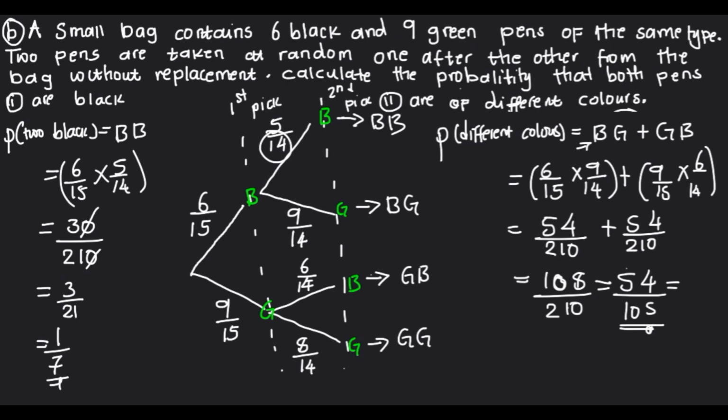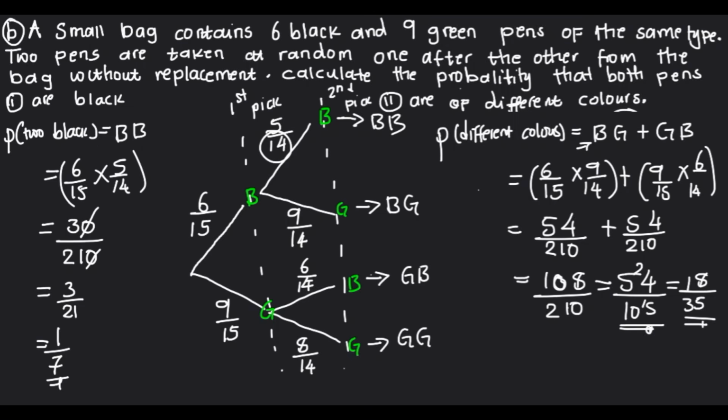So 3 into 5 is 1, remainder 2. 3 into 24 is 18, over 3 into 10 is 3, remainder 1. 3 into 15, so that is 35. So for 35, I'm sure there is no number that is common between the two numbers. So this is the probability of picking 2 pens of different colors.